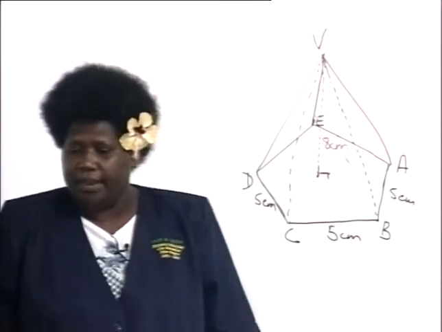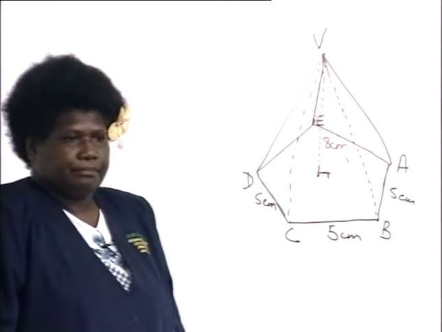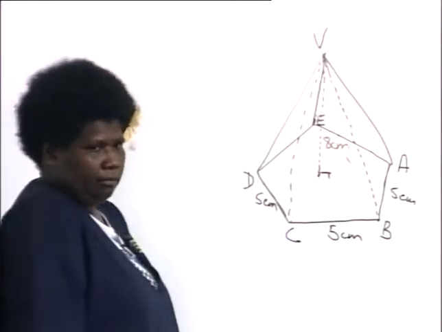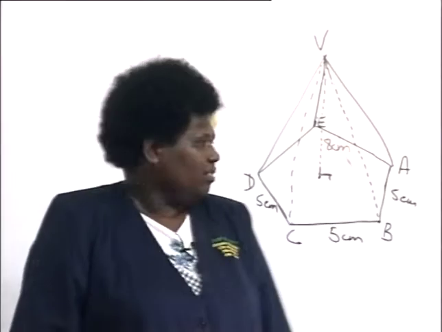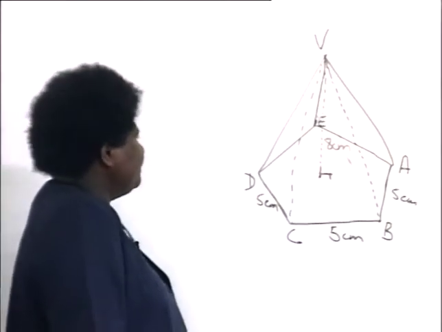Okay, how can we find VA? Any suggestions? How can we find VA?